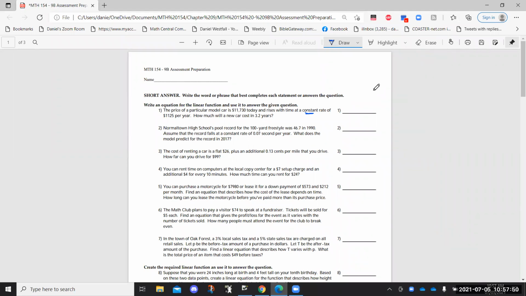So I'm going to have P of T, P for price, T for time. It starts off at a base price of $11,730, and I'm going to add $1,125 every year, where T is the number of years that have passed. It wants me to find the price after 3.2 years. So that's going to be 11,730 plus 1125 times 3.2, calculator time.